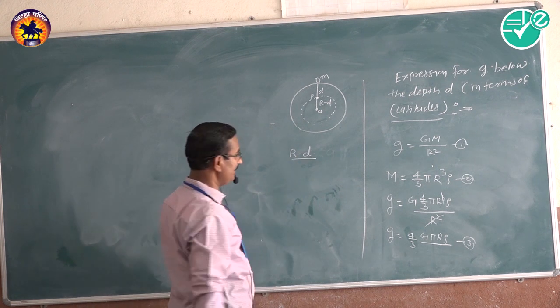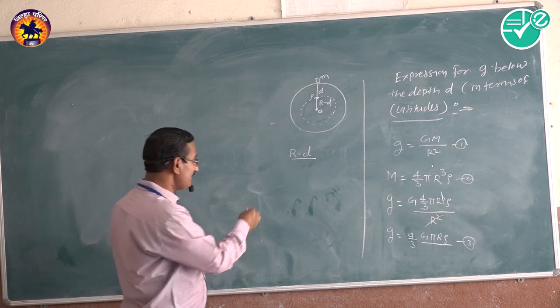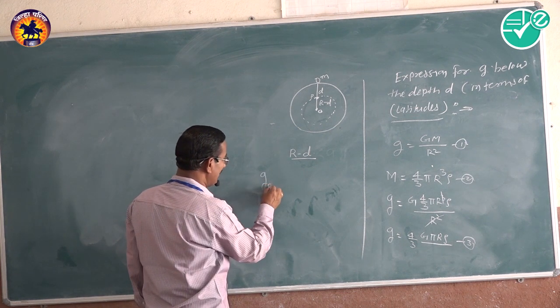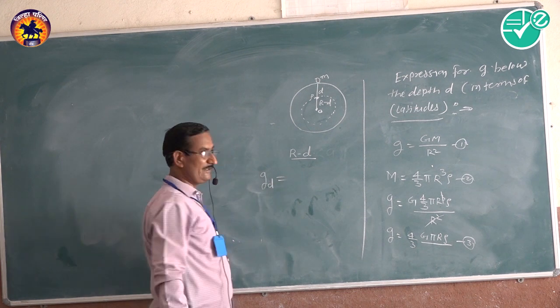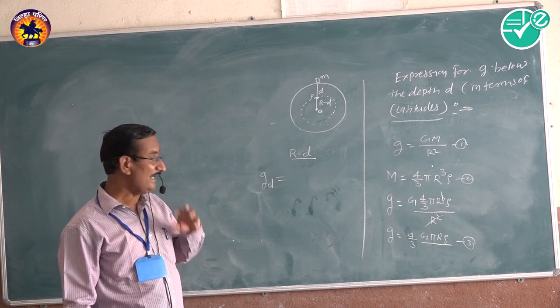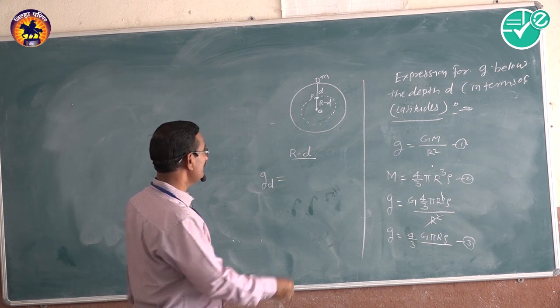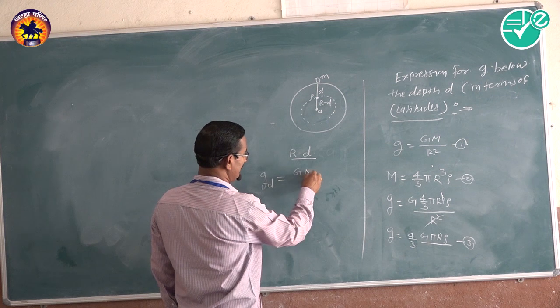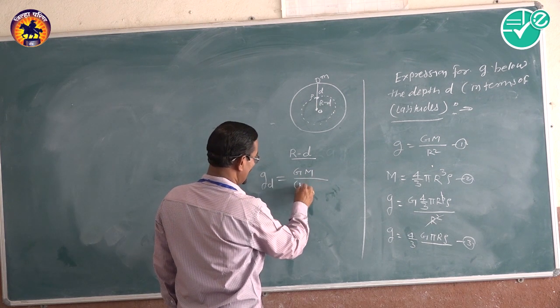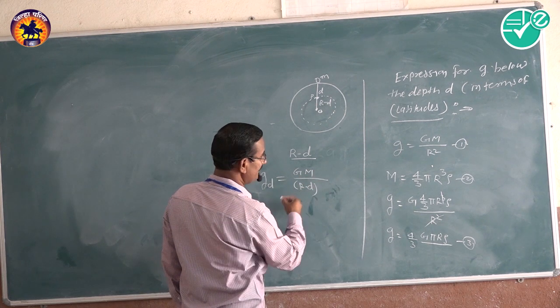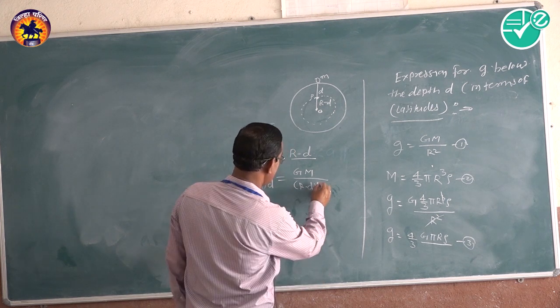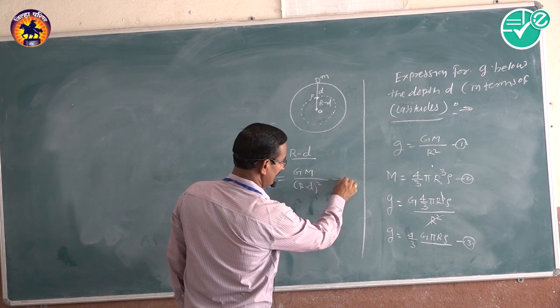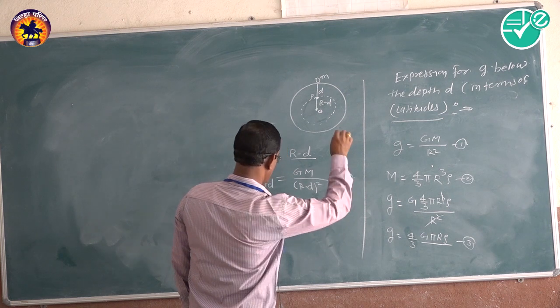Then the acceleration due to gravity below the surface of Earth at a point P is G capital M upon (R minus d) whole square. That is equation 4.